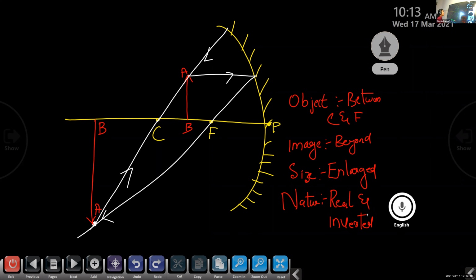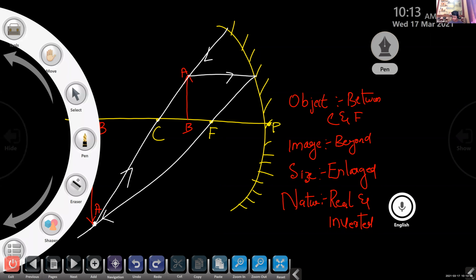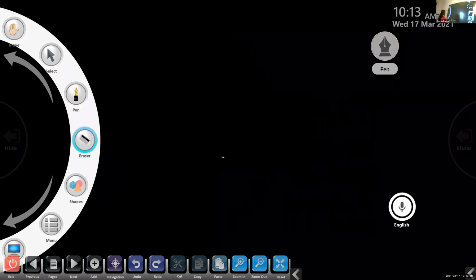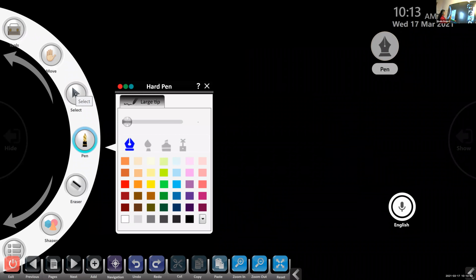Now, what about the fifth case? Where do we place the object in the fifth case? Yes, at focus. Can we move to the next case? Yes, ma'am. All right. So in the fifth case, we are placing the object at focus.